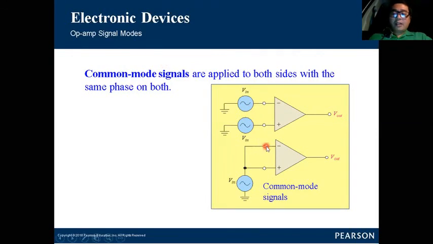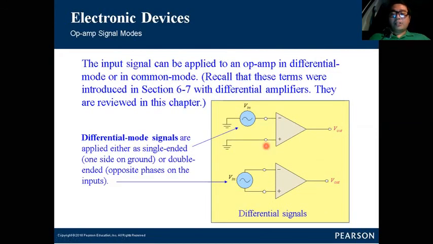So ang ginagawa ng ating op-amp is kinukuha niya yung difference nung dalawang input natin, and that is called V sub D. Alright? Pag minus yung dalawang yan, that is called V sub D or the differential input voltage.